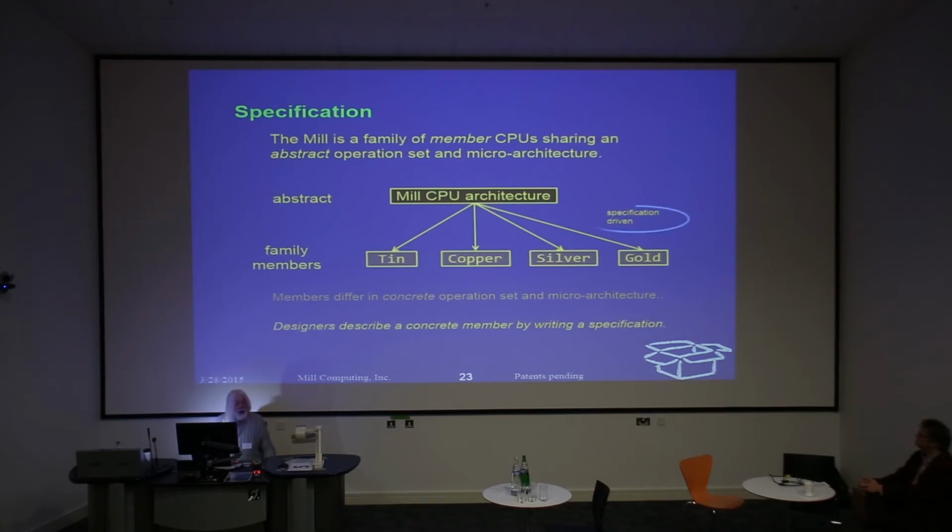You define a particular family member by writing a specification. That specification is 2 to 3 pages of C++, and you can make a change in that and recompile it and turn the crank, and 15 minutes later you have a new assembler for this new member, a simulator that simulates it, the things that the hardware guys use to generate the Verilog for the real hardware, online documentation, and what have you.